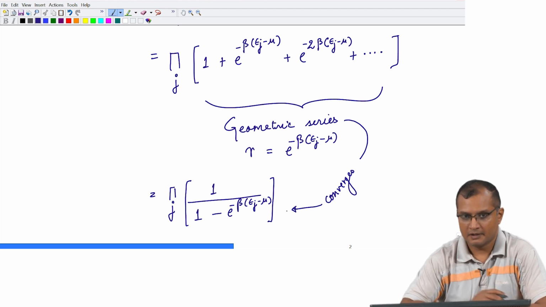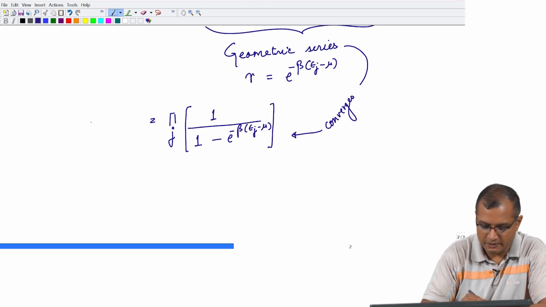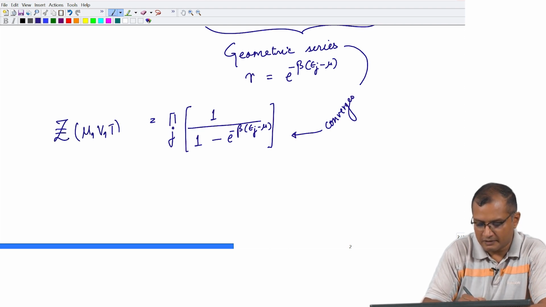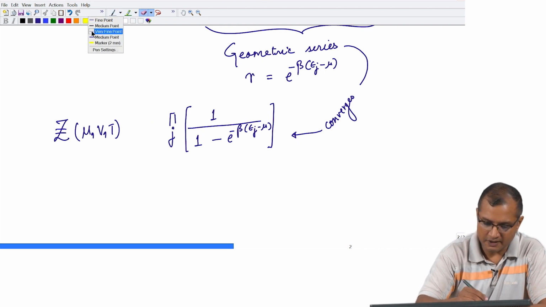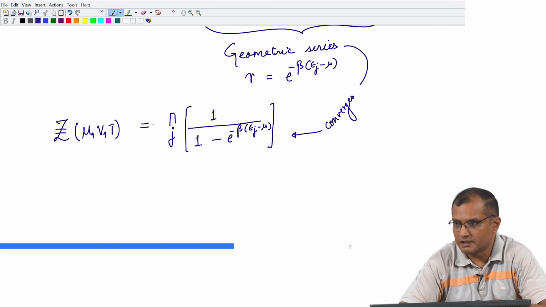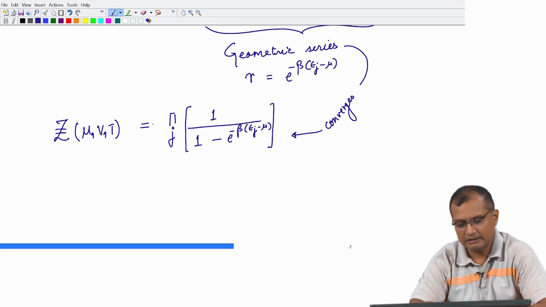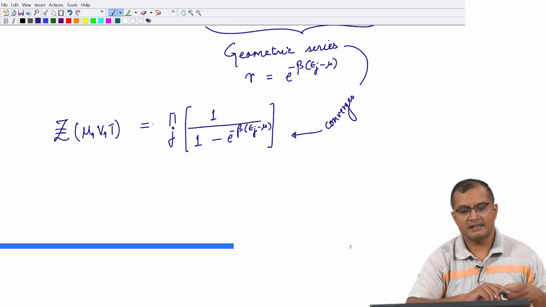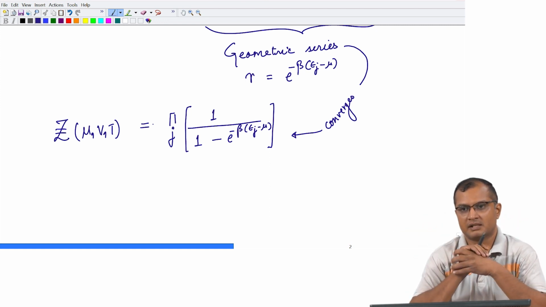Fine. So, now I can realize this as my grand canonical partition function, and thanks to the fact that the number of particles was not conserved, I could perform this sum in the partition function in an unconstrained manner. Before we proceed further, we would like to state that the grand canonical ensemble is hence the natural choice of ensemble when you are doing quantum statistical calculations.